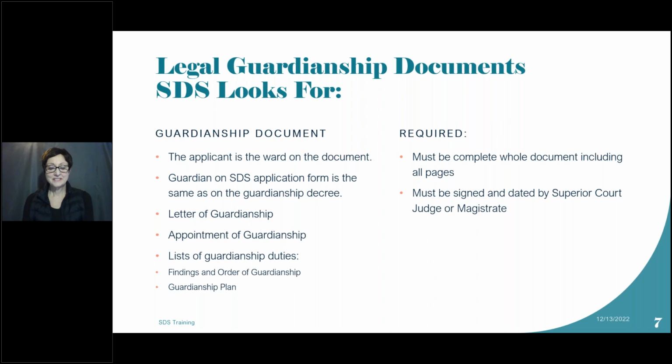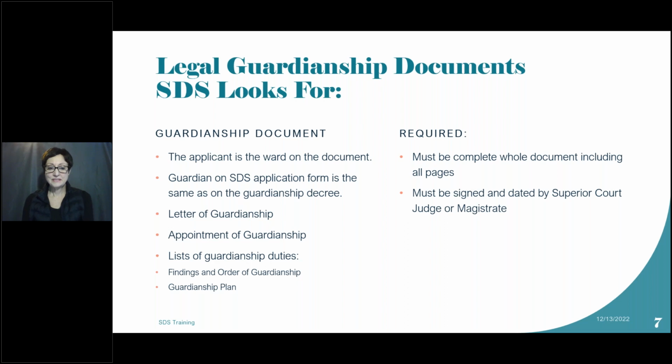The guardian on the SDS application form is the same as on the guardianship decree. And the documents that could be turned in might say letter of guardianship or appointment of guardianship on them. They may have titles like that. They're typical titles.